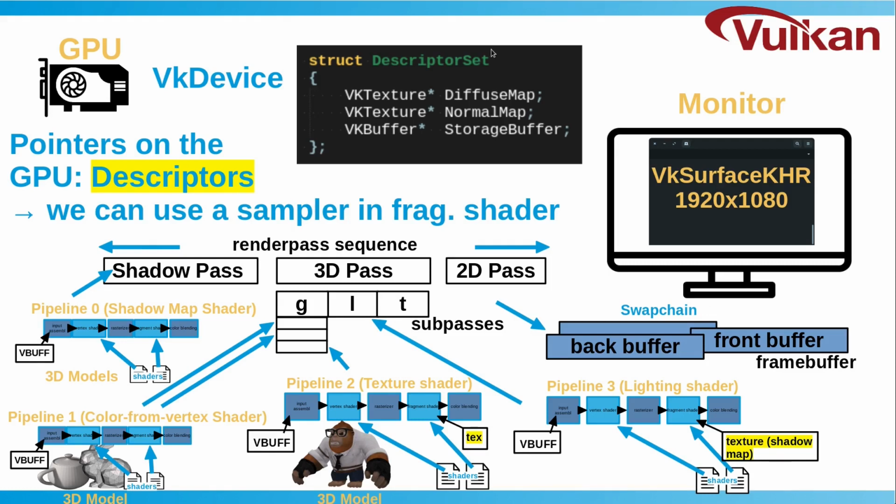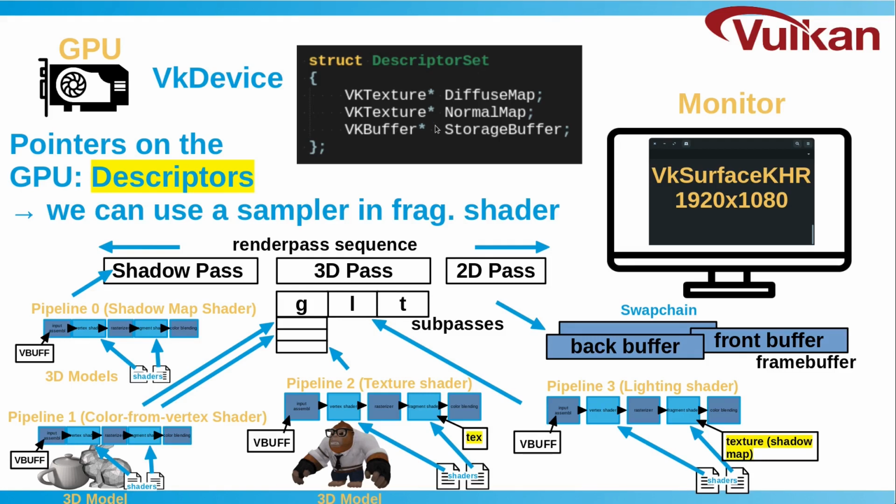I'm trying to show here the equivalent in C++. Let's say we have 2 pointers to a texture and 1 pointer to a buffer. That would be a descriptor set.